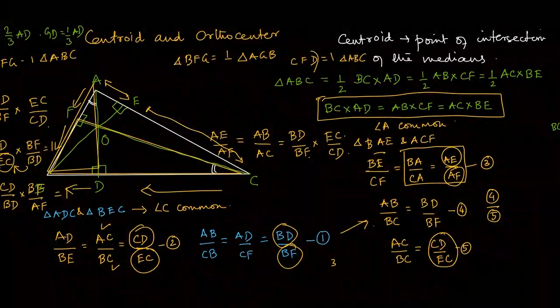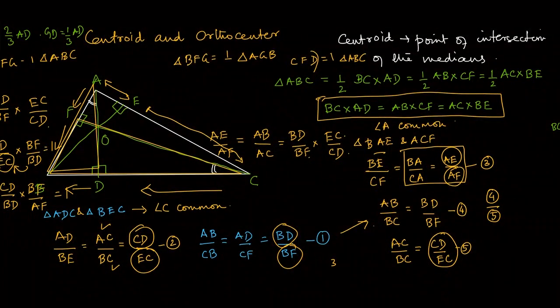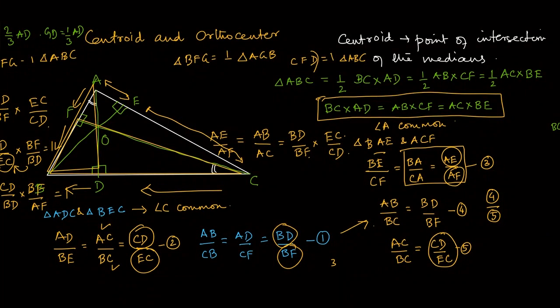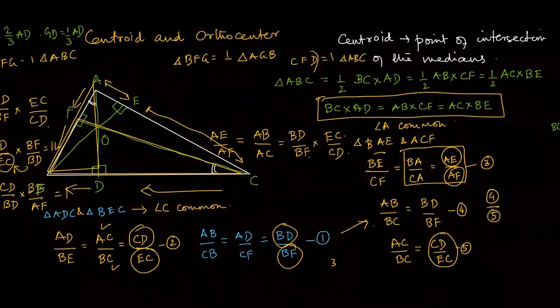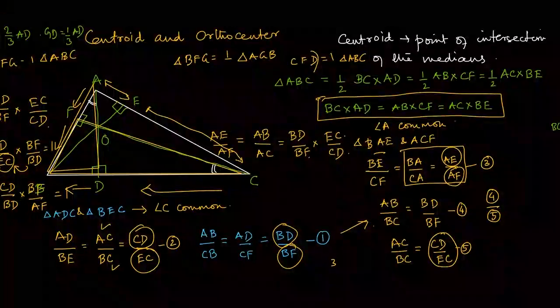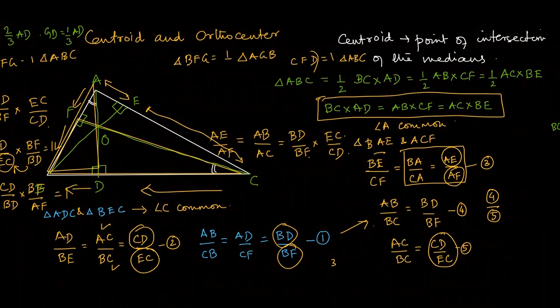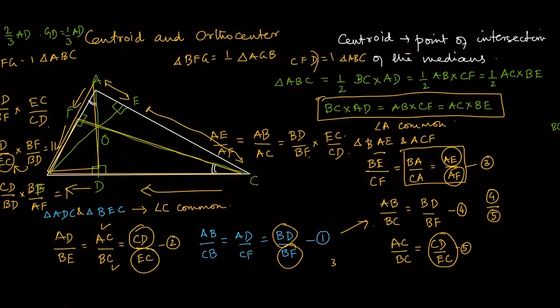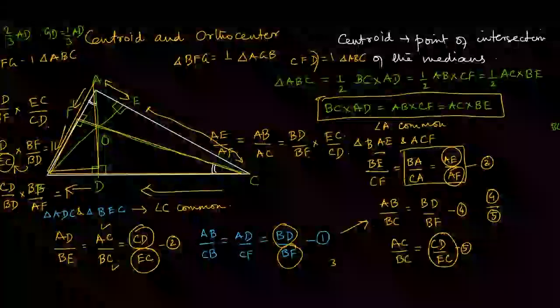So all sides will be given. You will be asked to find the height of the altitudes, right? So, sir, these are the different kinds of questions that you can expect in the exams.